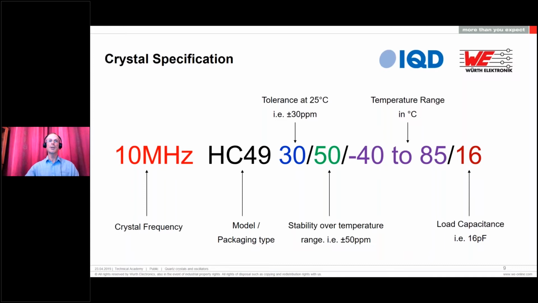The second figure is the stability figure over temperature. This example is plus or minus 50 ppm. The temperature range is self-explanatory. It's industrial, minus 40 to 85. And the last figure is the load capacitance. In this example, 16 picofarads. And that gives you an outline of the basic information we'd need for a crystal.